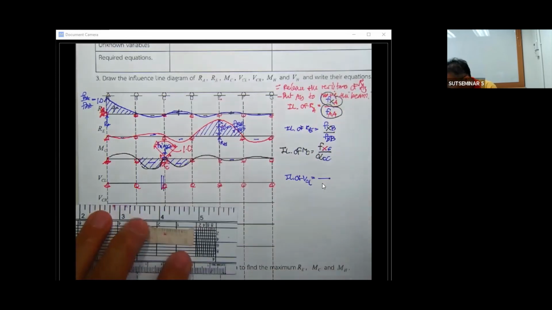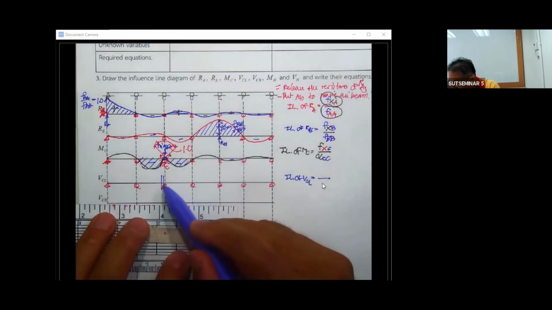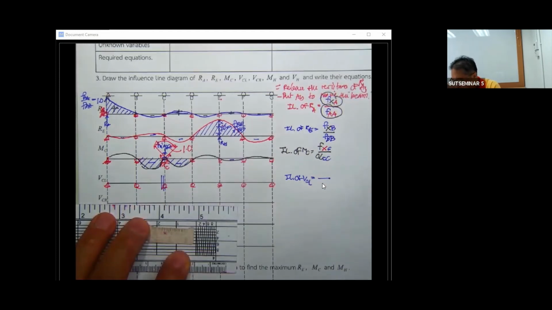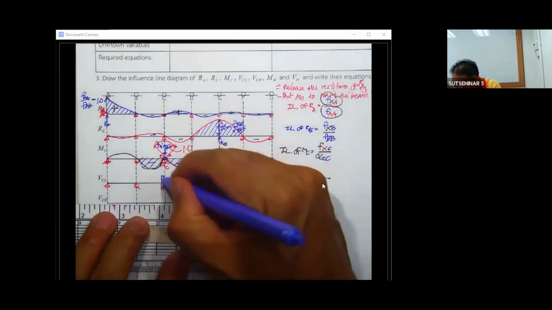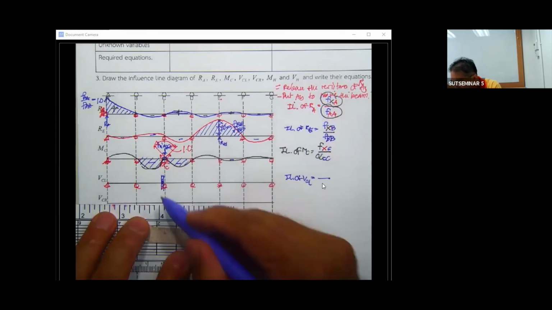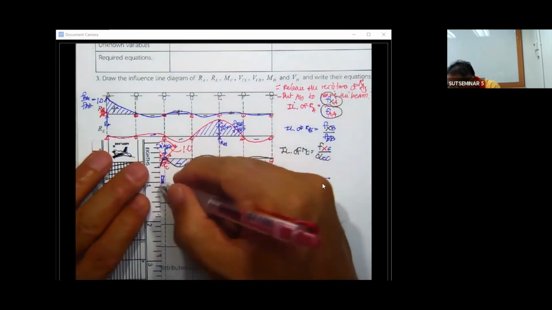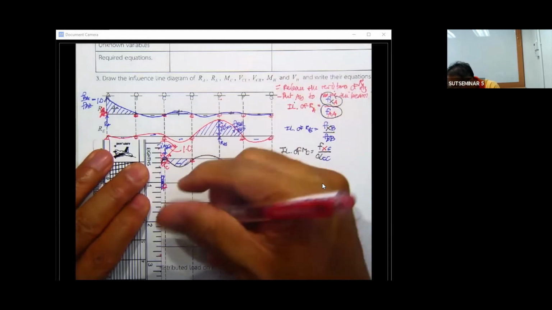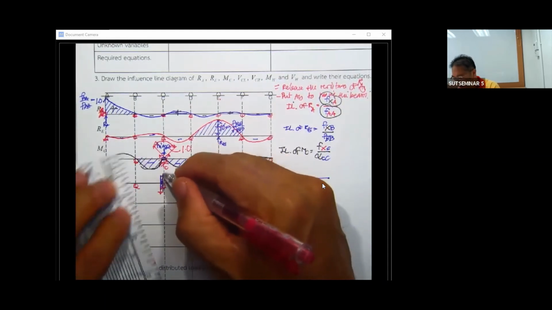You just release the resistance of V sub C L and put the roller guide. When you put the roller guide, we then put the V sub C L into this portion. So on the left it is going to be downward, on the right it is going to be upward.